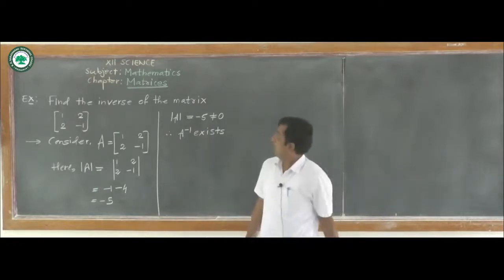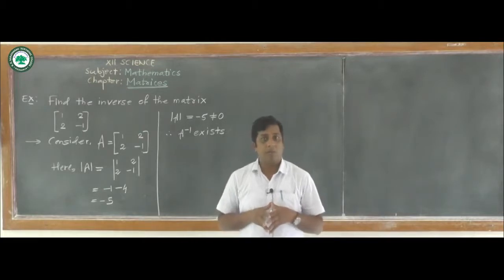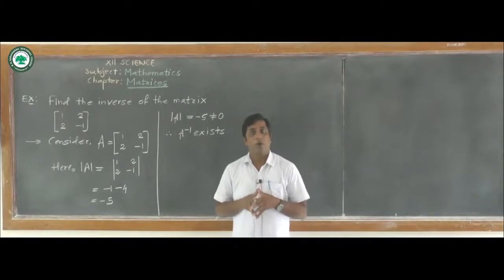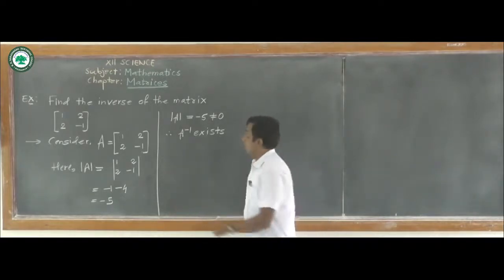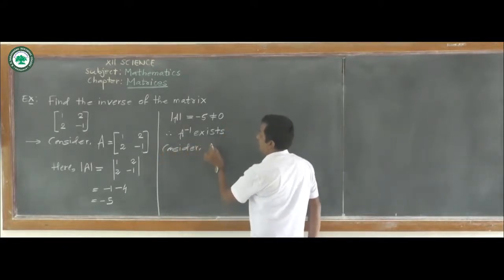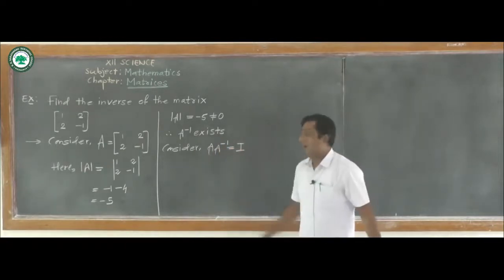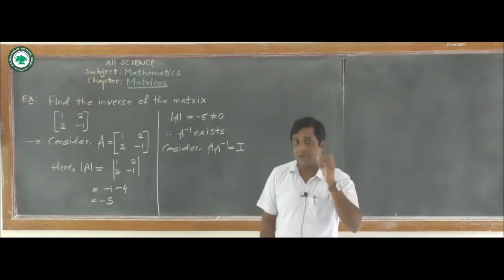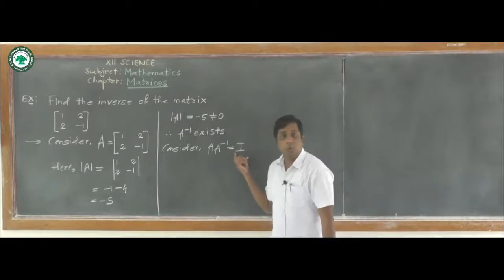Now we have to find the inverse of matrix by using the elementary transformation. Firstly, we go with the row transformation. If we have to use row transformation to find the inverse of given matrix A, here we consider the equation A inverse is equal to I. Here I is the identity matrix having the order like matrix A, that is having order 2.